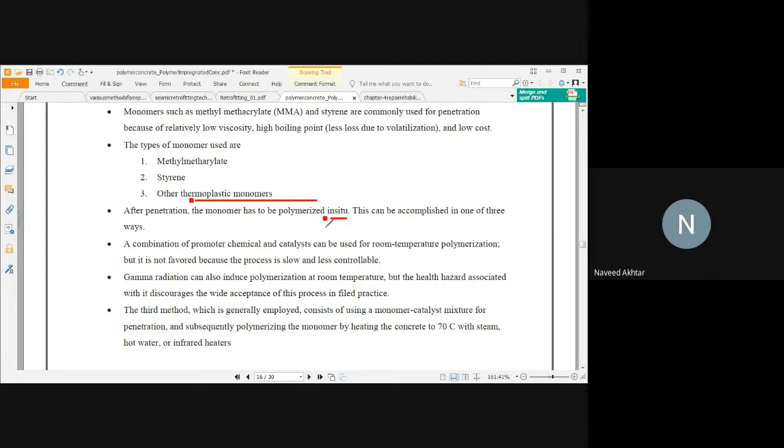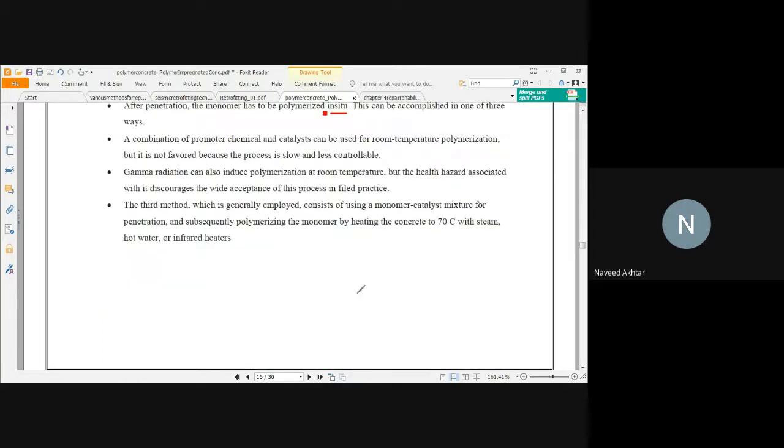Gamma radiation can also induce polymerization at room temperature, but the health hazard associated with it discourages wide acceptance of the process, because gamma radiation can be a health hazard to the laborers and workers.